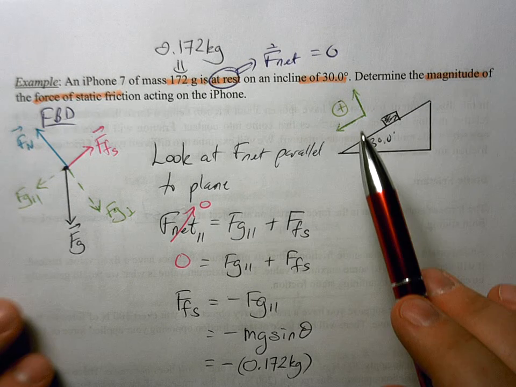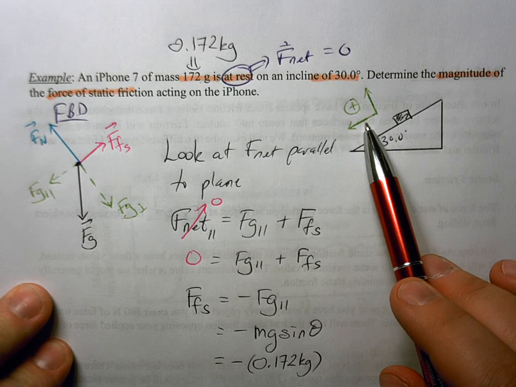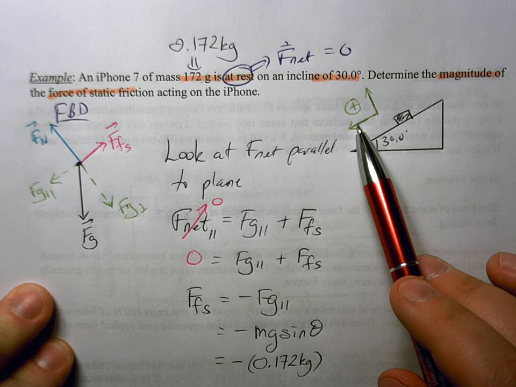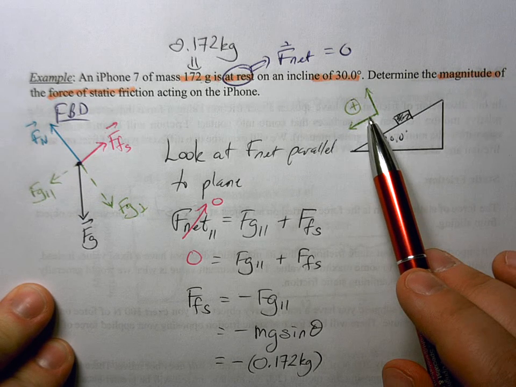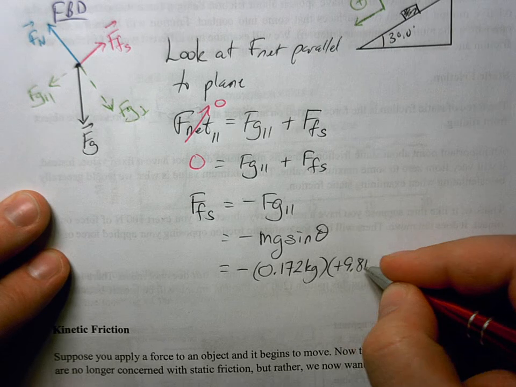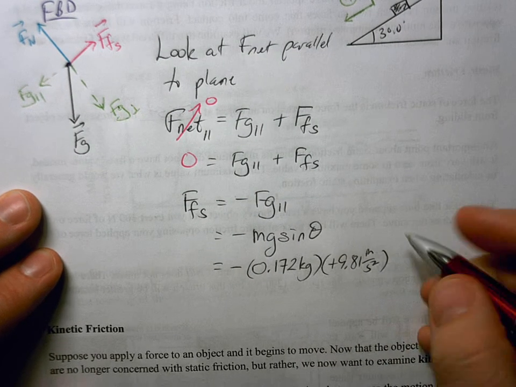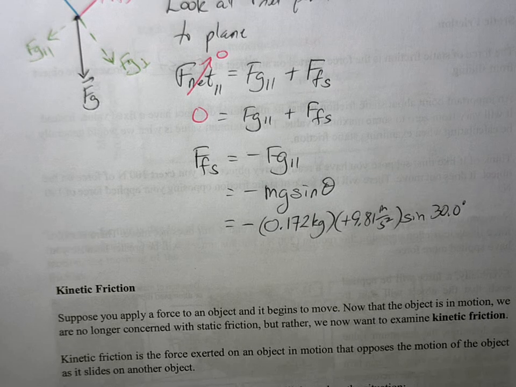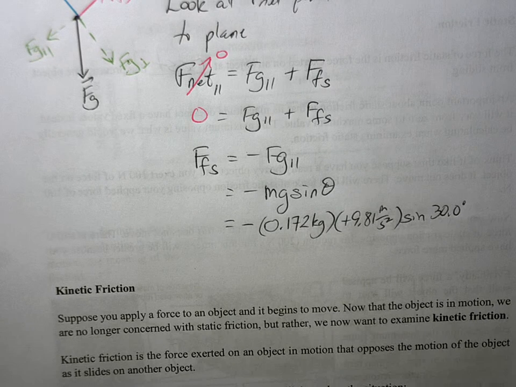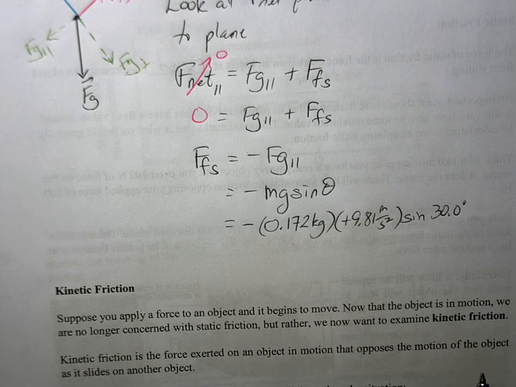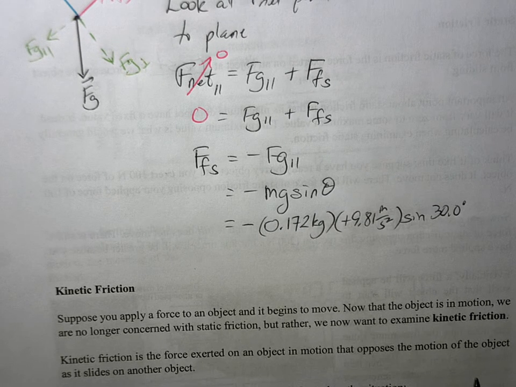Now, because we've called down the plane positive, and our component of gravity would be acting down the plane, we're going to treat g as positive 9.81. So this is going to be positive 9.81 meters per second squared, and then we're going to put in sine of 30 degrees. Again, we want to make sure we have positive g. We're going to multiply that by our mass in kilograms, and by sine of 30. Make sure that your calculator is in degree mode.